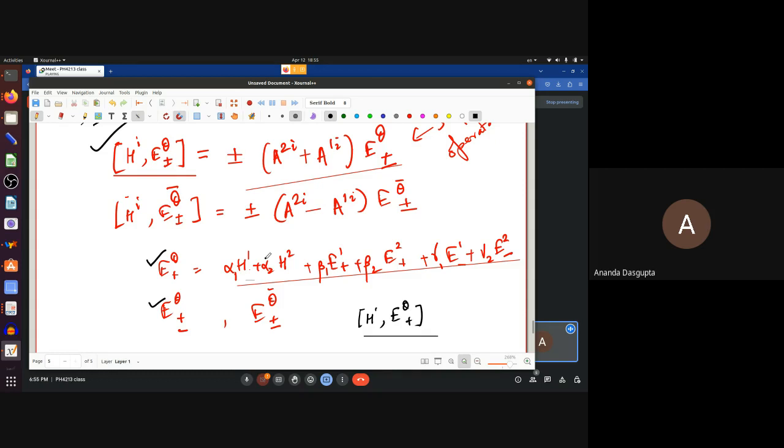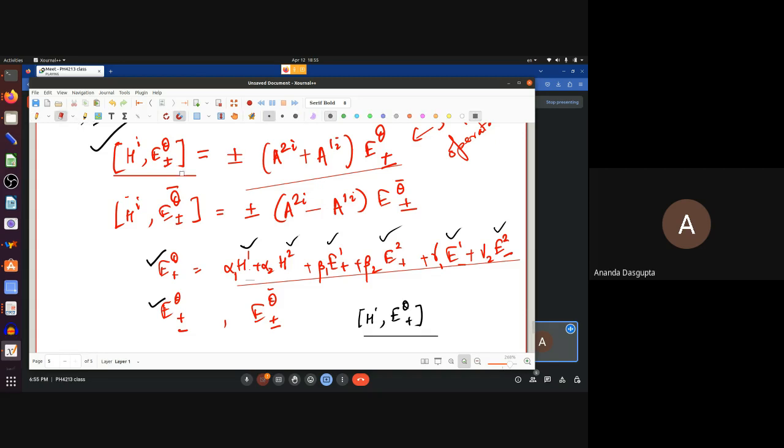Otherwise, you will not get this H1, E theta plus bracket to be a multiple of E theta plus minus. Remember, H1, H2, E1 plus, E2 plus are basis vectors on the underlying vector space, so they are linearly independent. They have to match component by component. Just use that match and you will see that ultimately all of these coefficients will have to be 0.